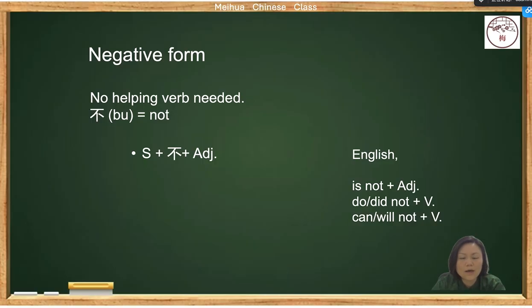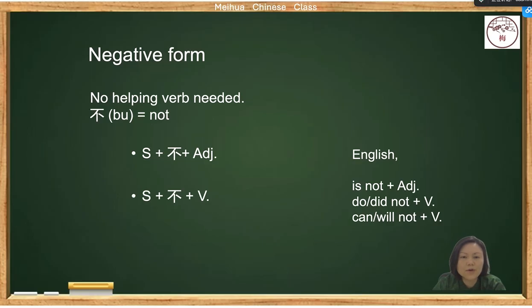So to express that it's a negative, we just add this Chinese character 不 before the adjective, after the subject. Subject 不 adjective. So this is the first formula.